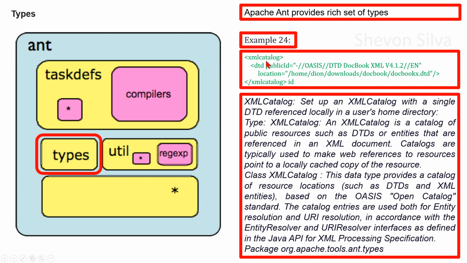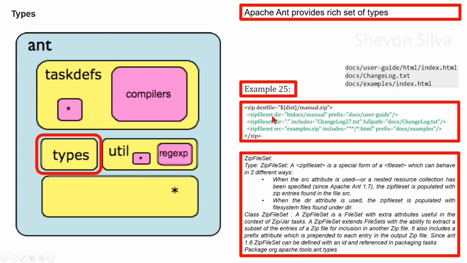The catalog entries are used both for entity resolution and URI resolution in accordance with the entity resolver and URI resolver interfaces as defined in the Java API for XML Processing specification. This is in the package org.apache.tools.ant.types. Now we are considering zip file set.